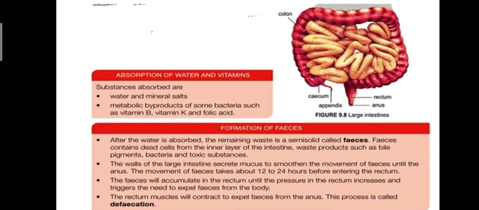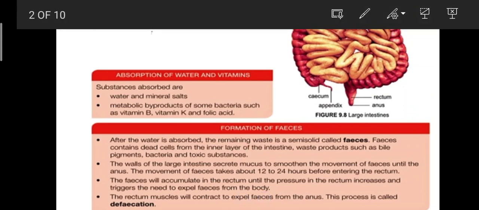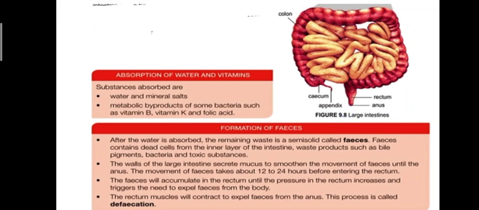So this will trigger the need to expel the feces. Ini ada trigger untuk membuang, masuk tandas lah. So the rectum muscle akan contract to expel the feces untuk pembuangan najis melalui anus. So proses ini kita panggil sebagai defecation.